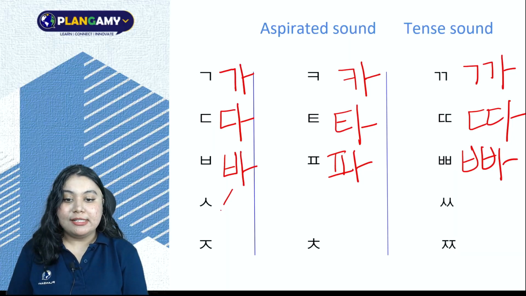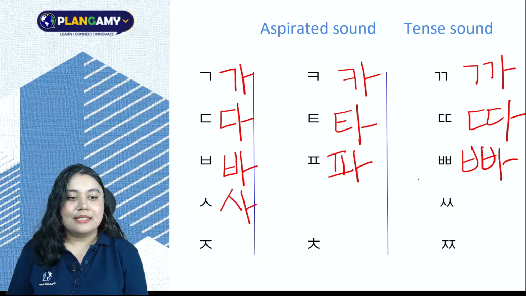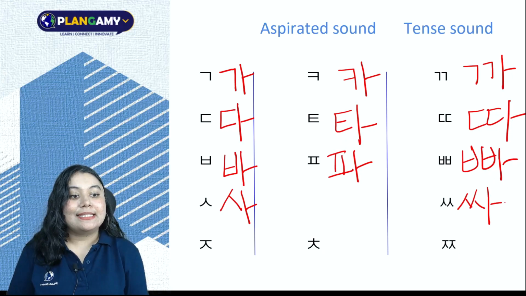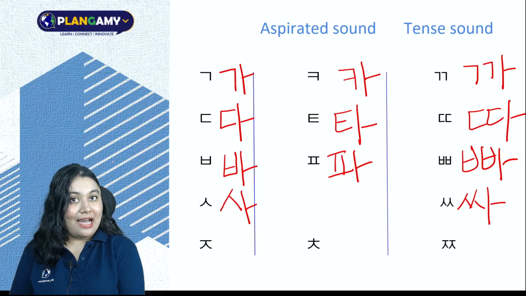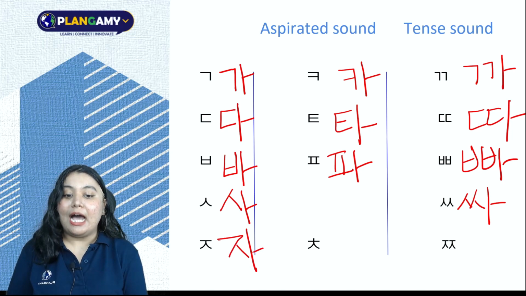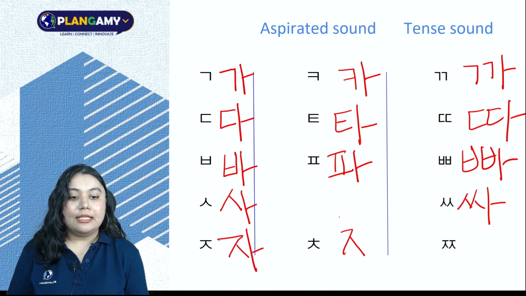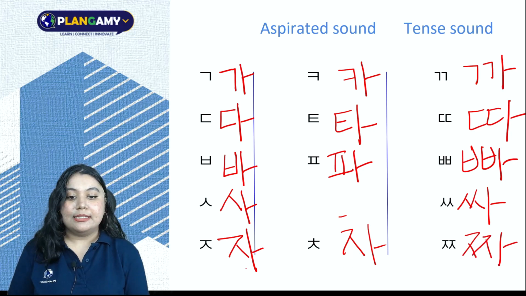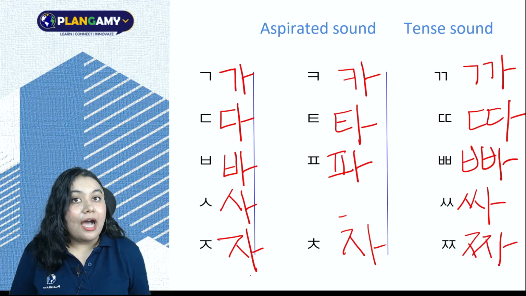A full sound of sa, sa and s. Tense sound sa. Next we have dha, cha and ta. Dha, ta, ta.